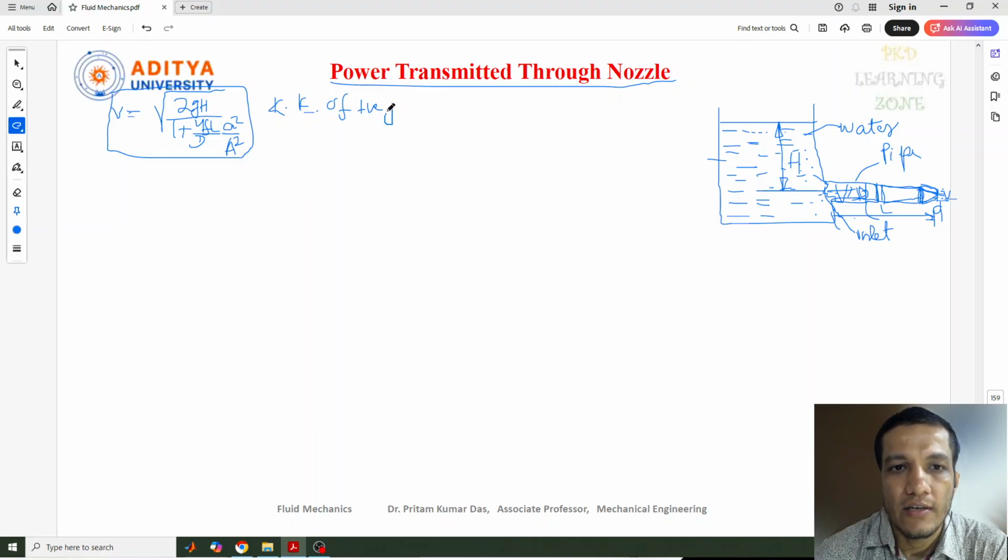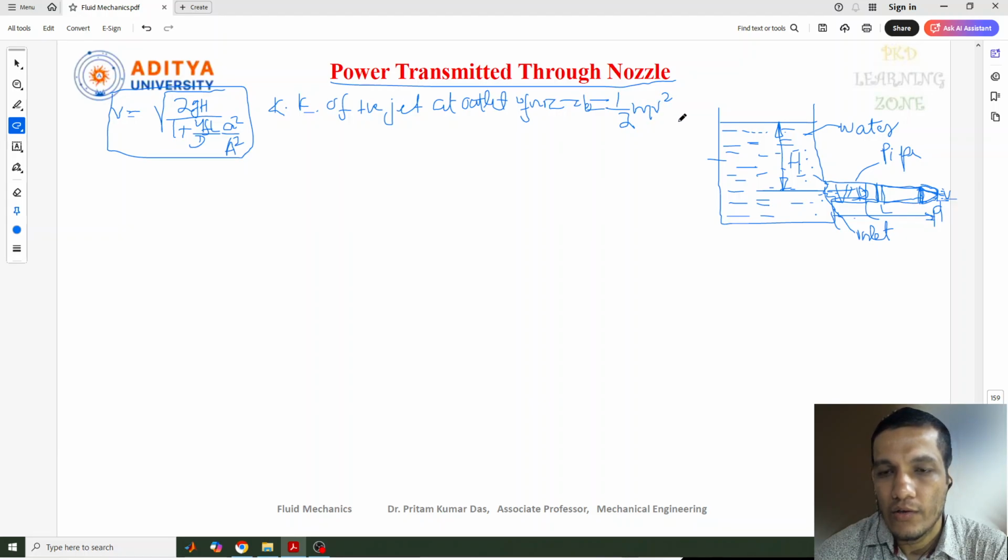of the jet. Jet means the fluid which is coming out from this nozzle. So, kinetic energy of the jet at outlet of nozzle. For the kinetic energy formula, we can write this as half m v square, where v is the velocity of the fluid coming out from here, and m is the mass of the liquid.